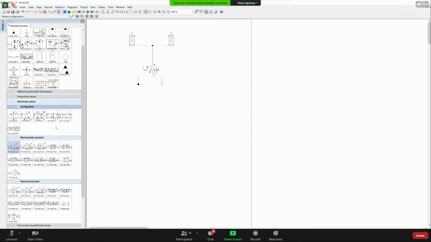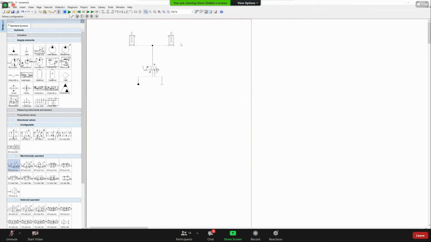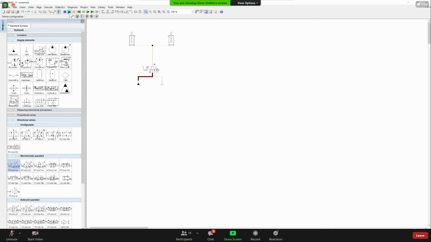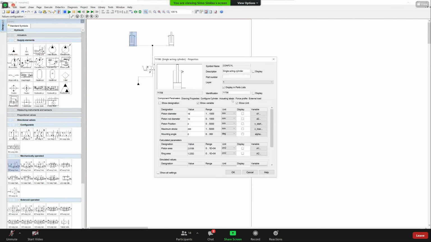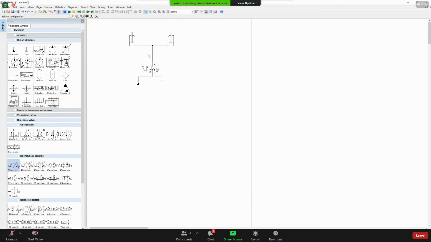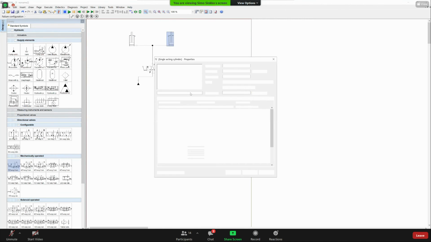So we have this very simple system with 2 cylinders. And if we simulate this, they are moving up nicely. Now we don't have any load, so they are not coming down. So let's put some load here, for example 0.5 kilonewtons. Same amount here.